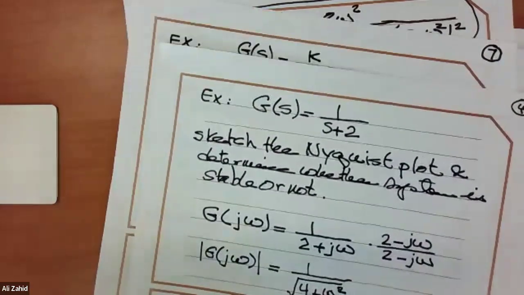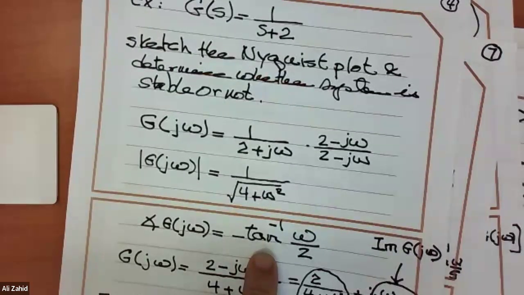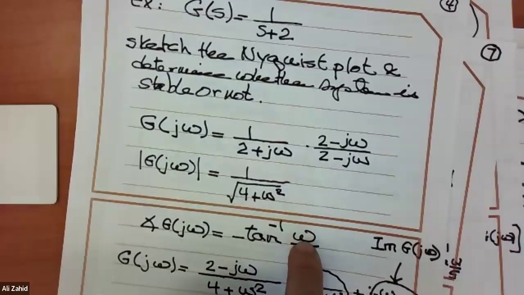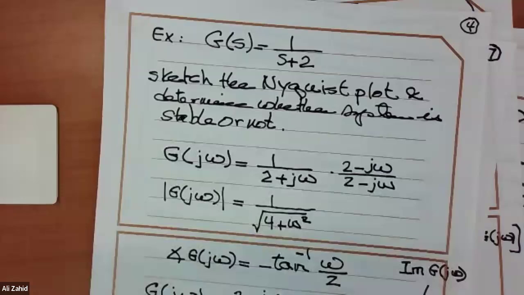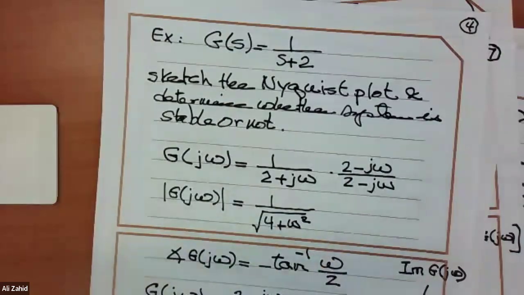This example number 1, at omega equal to infinity, what is the phase? Minus 90. Can you get any higher than infinity?